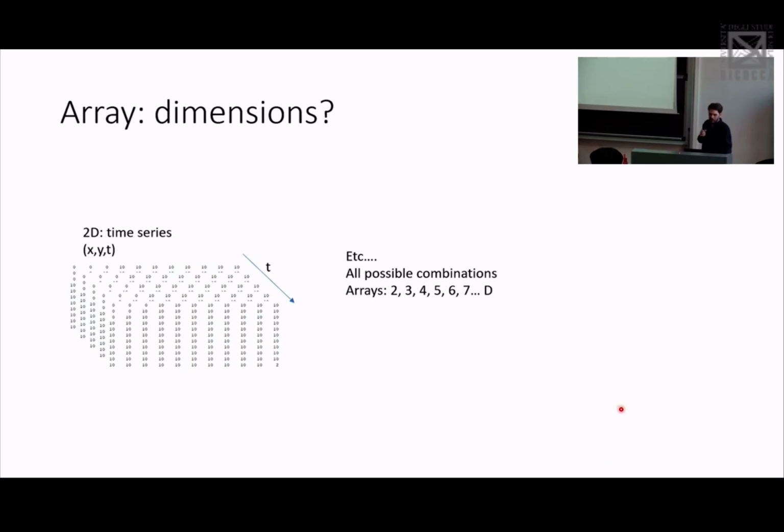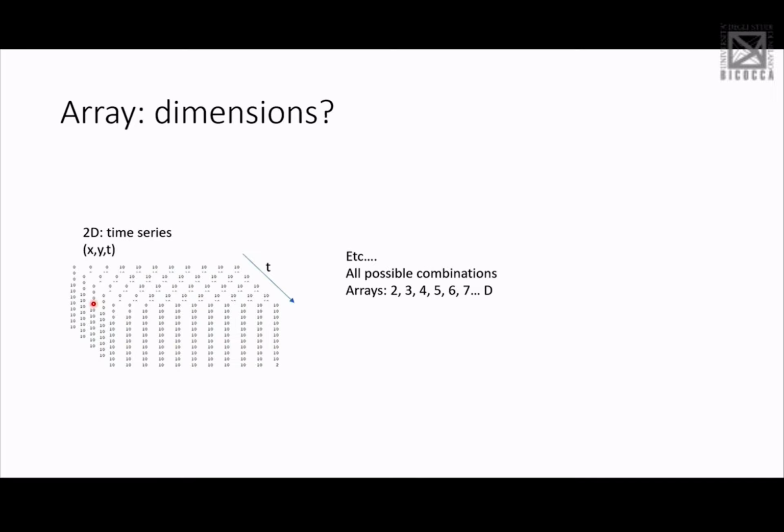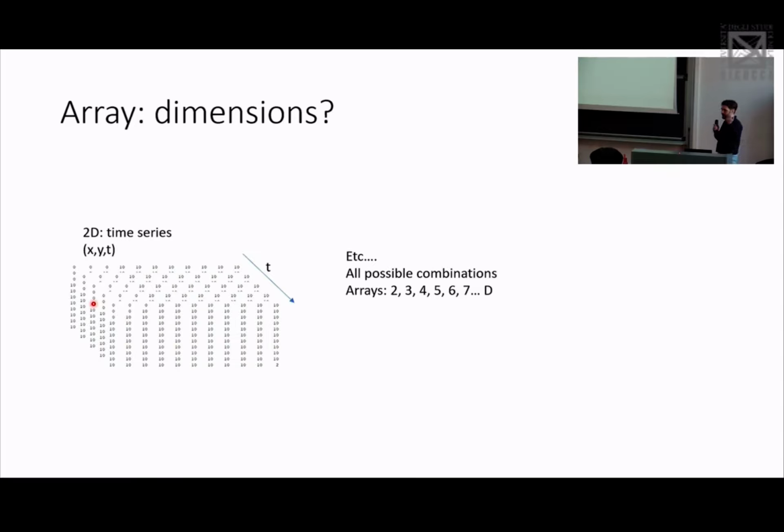And then you can have lots of other possible dimensions, and they all make sense. You can have a 2D time series. So it's again a 3D matrix where you have XY over time. That's like a movie. Or if you have a color movie on your computer, that's 4D, XY, time, and color. And you can have all possible combinations, even up to 7 dimensions.